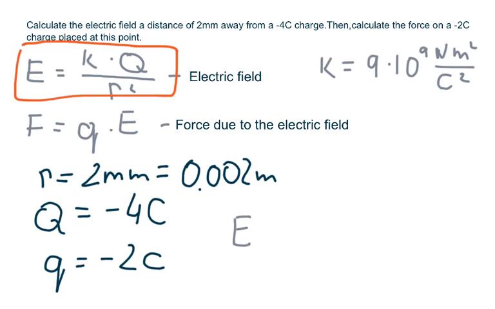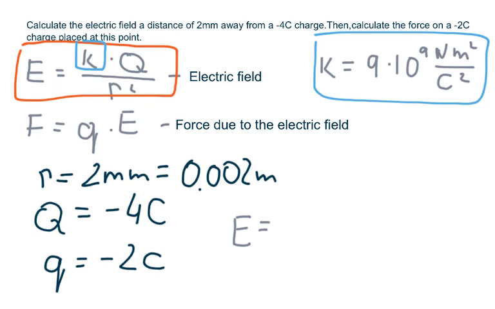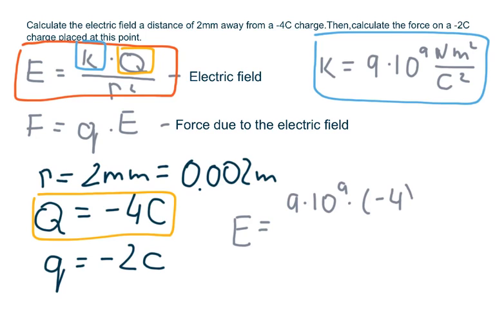So then we have our K, it's right here. We're going to write 9 times 10 to the 9th. I will skip the units for now, so it's easier for us to calculate this. Then we have Q, and our Q is right here, so we're going to multiply by negative 4 coulombs.